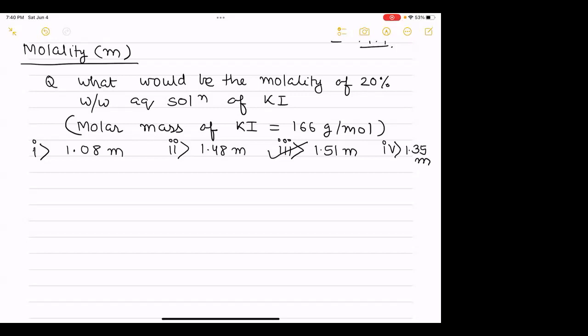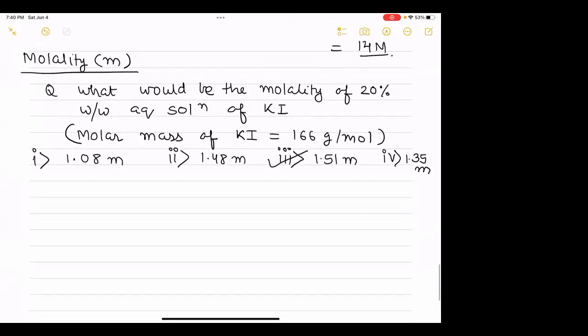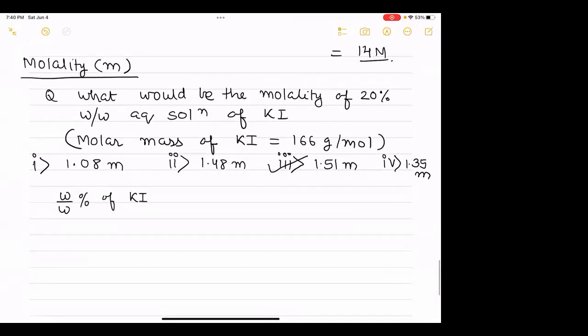What I should say is that be very simple, and don't try to remember complicated formulas. The mass percentage is given, W by W, of KI. Because the percentage is given, what I always do is take the total mass as 100.